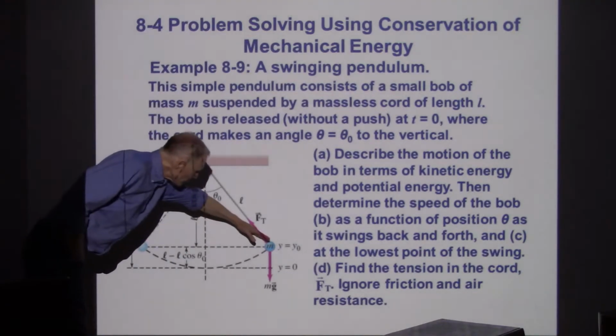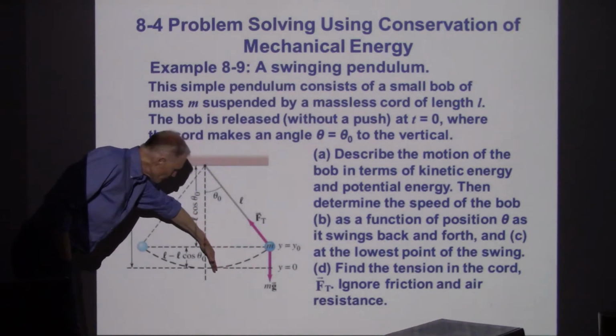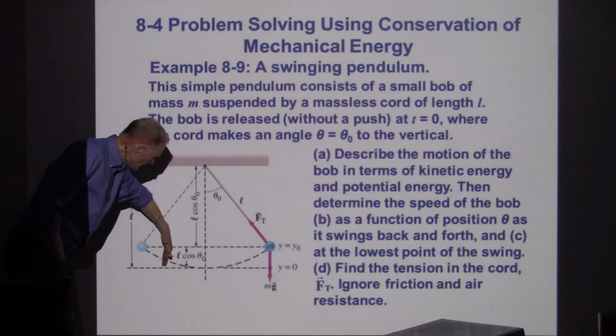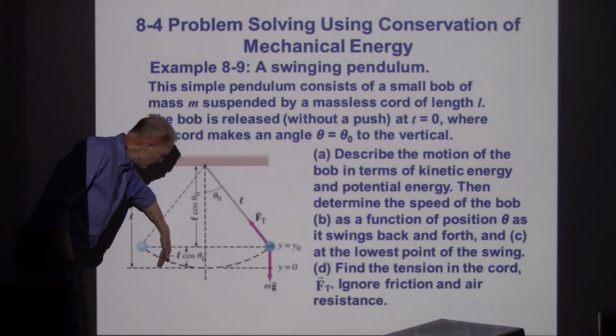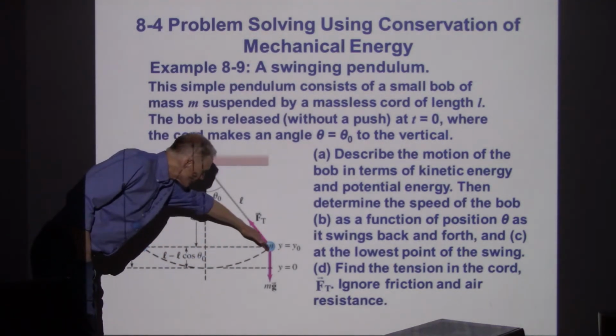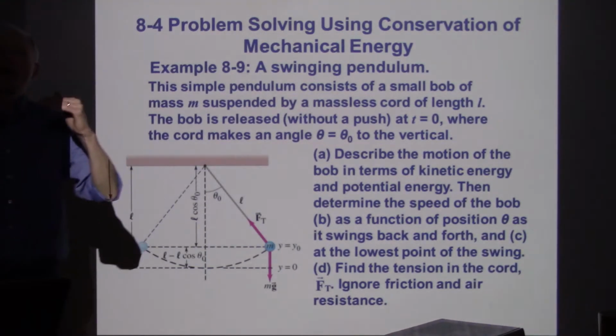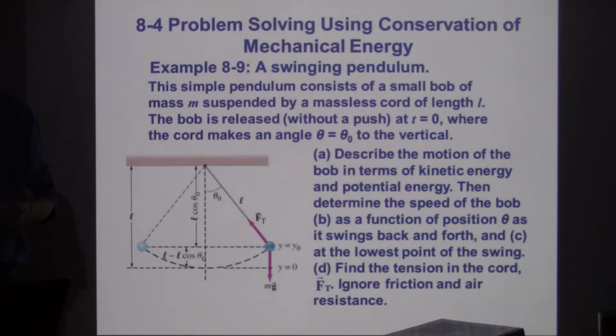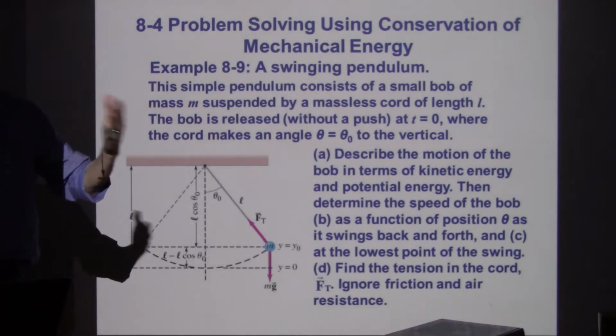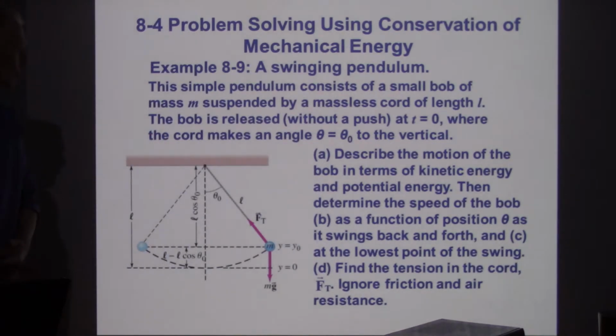So kinetic energy increase, increase, increase, maximum, decrease, decrease, decrease, 0. So the potential energy is rising and falling, and the kinetic energy will complement that, right? The energy is sloshing back and forth between kinetic and potential.